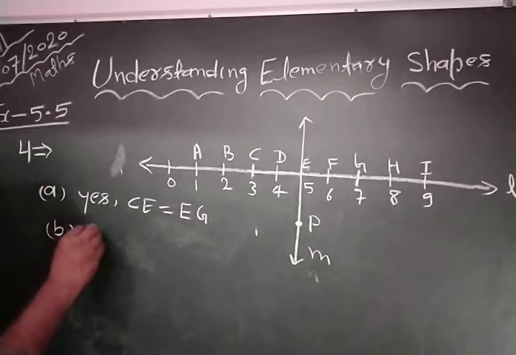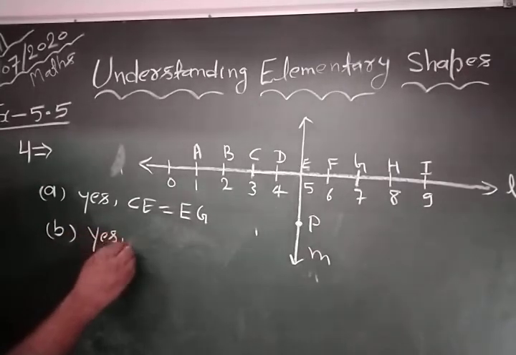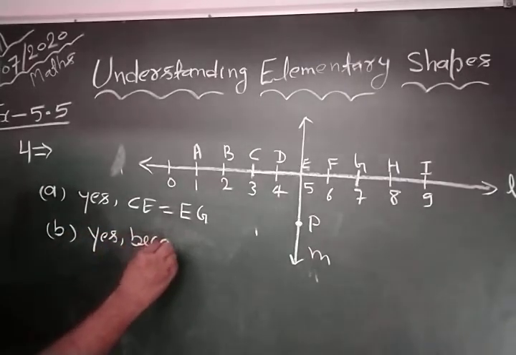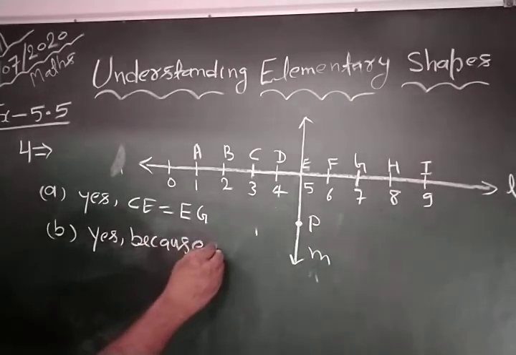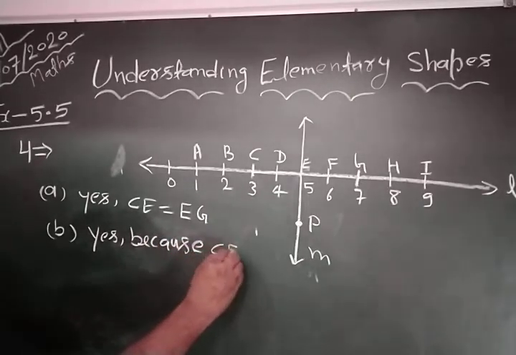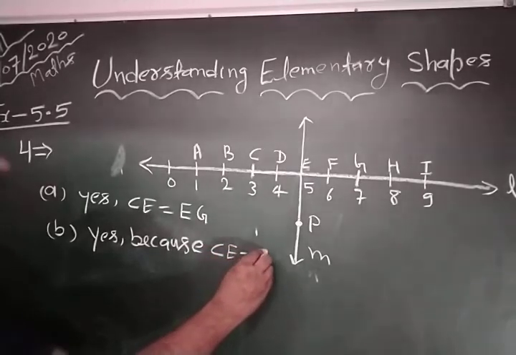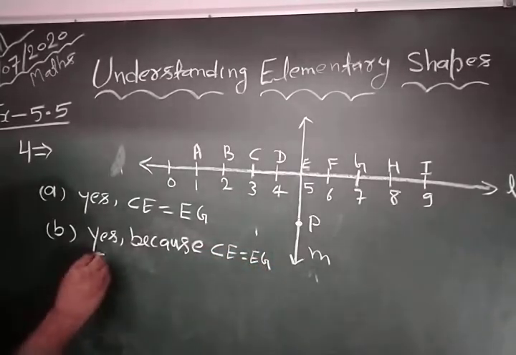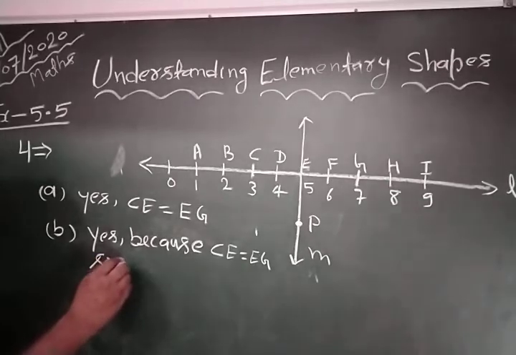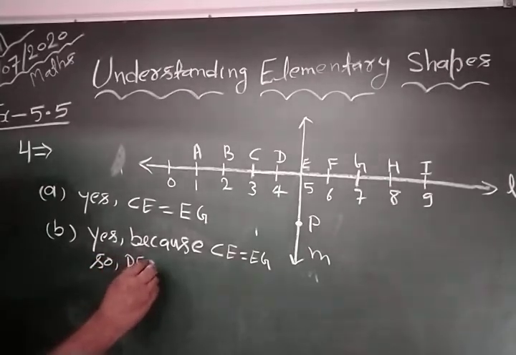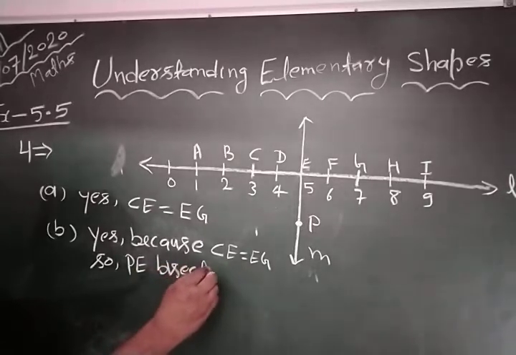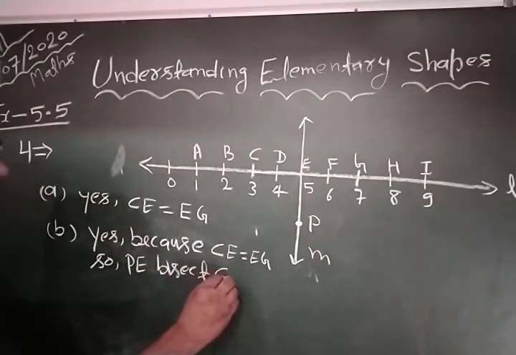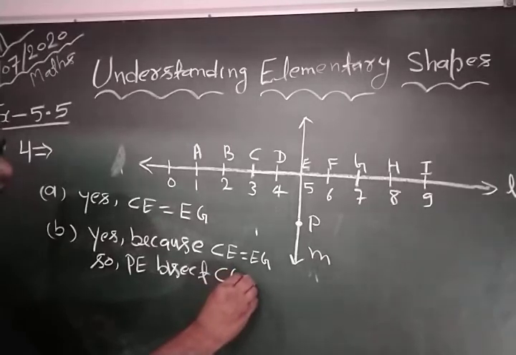You can write here yes, because CE is equal to EG. So PE bisects CG. Clear?